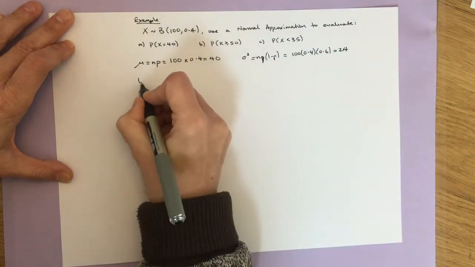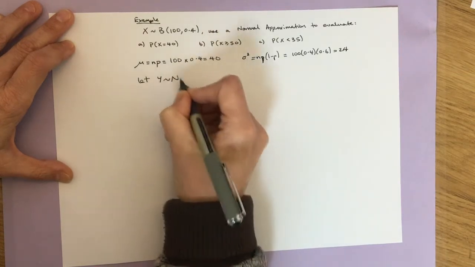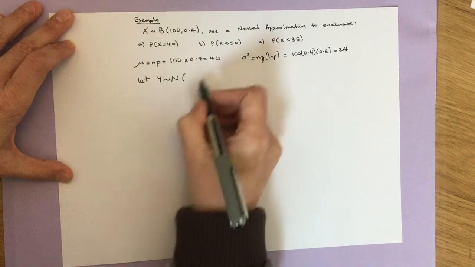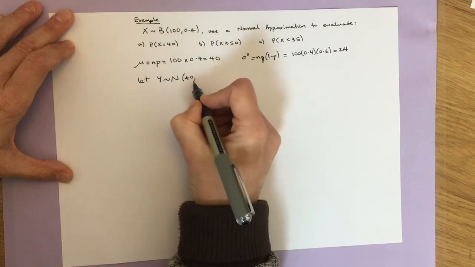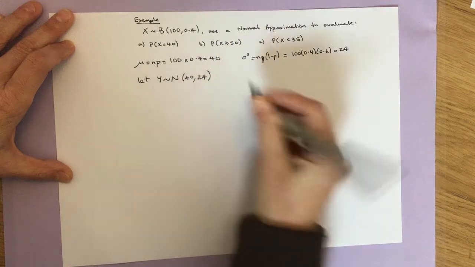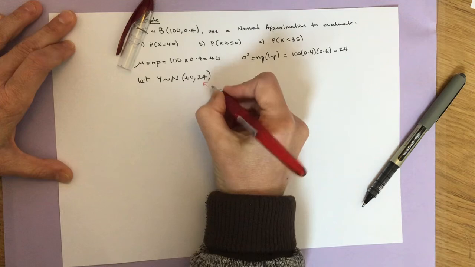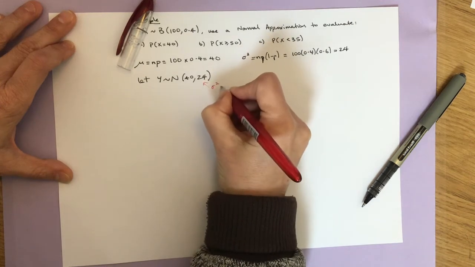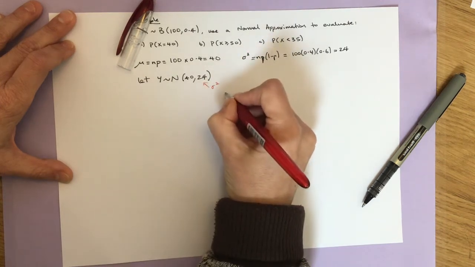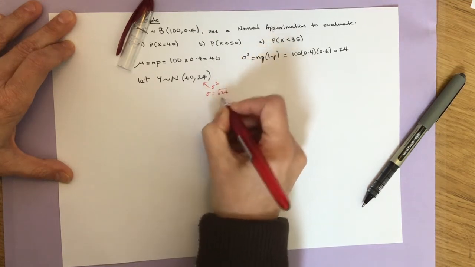Then we're going to introduce a new variable, y, which is going to be normally distributed with mean 40 and variance 24. And don't forget at this point, this is the standard deviation squared, it's the variance, so sigma, the standard deviation, is root 24.